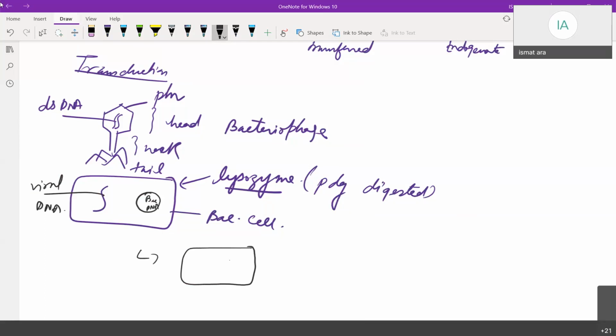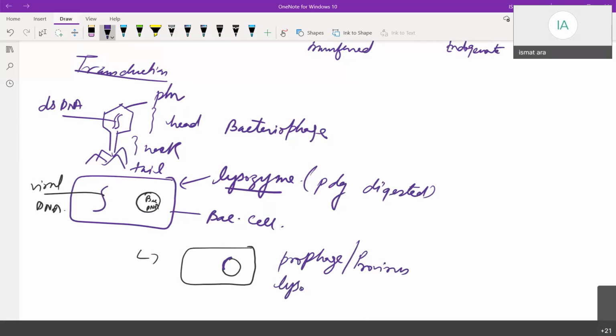This bacterial DNA combines with the viral DNA. This condition is called prophage or provirus. Now, this integrated virus cannot cause harm to the bacteria. It will not cause harm to the bacteria.